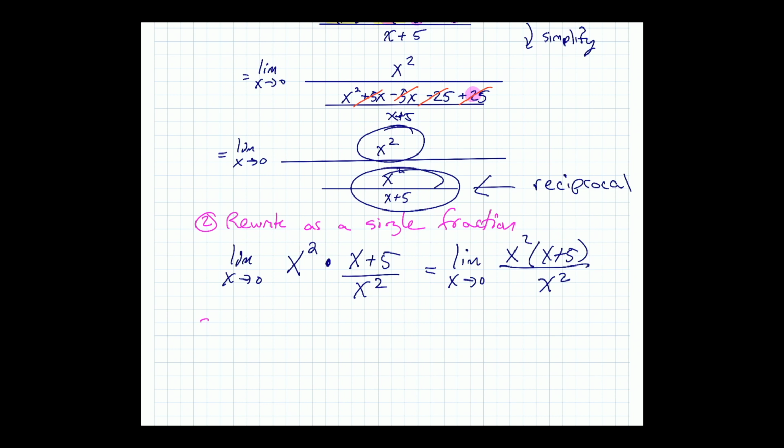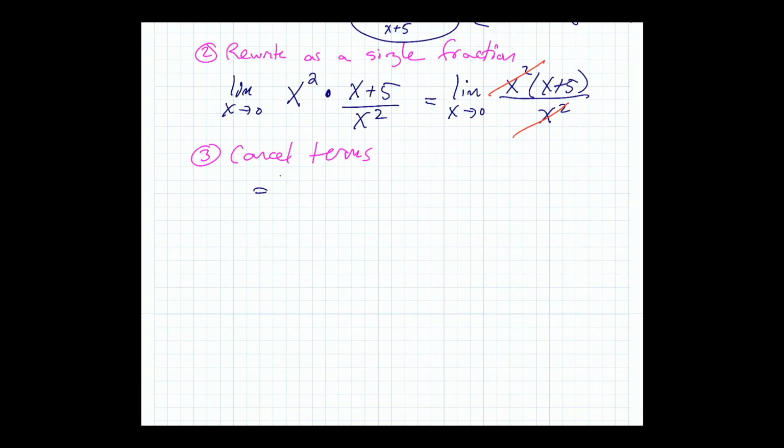And our next step is going to be cancel terms, which should be easy to see what to do now. There they are. So I have a limit as x goes to 0 of just x plus 5. Evaluate.